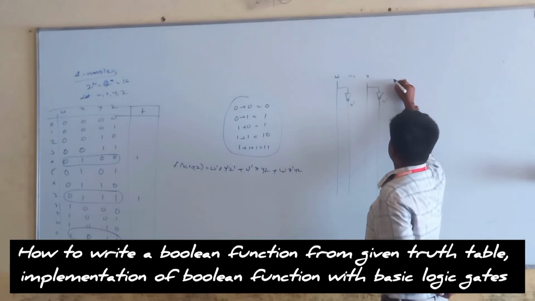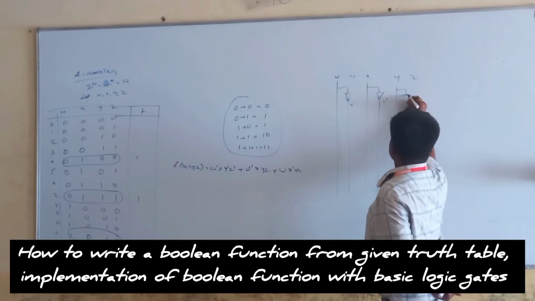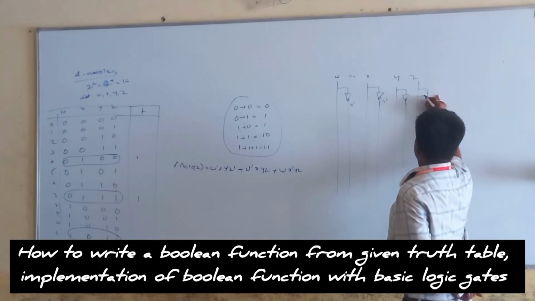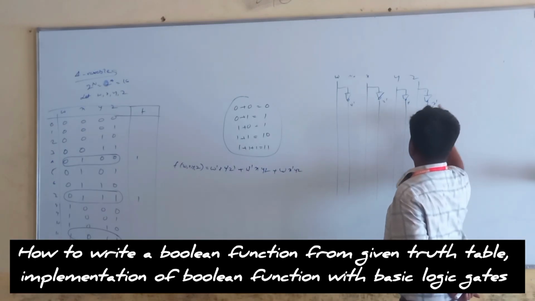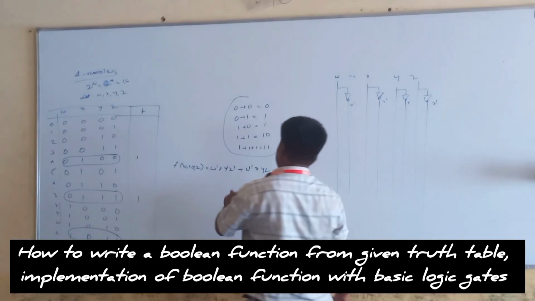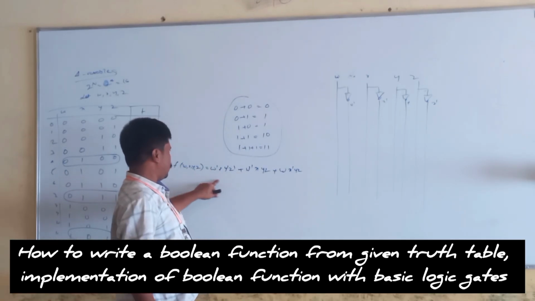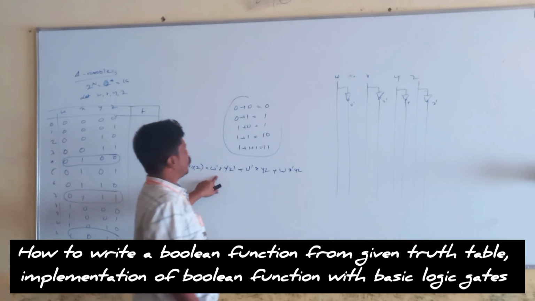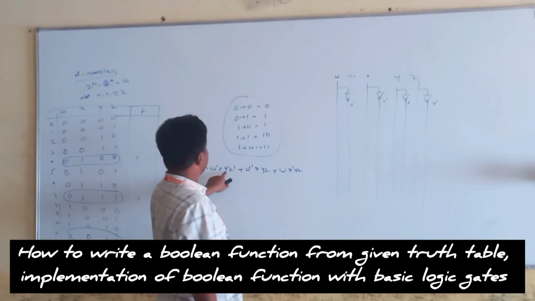Similarly, we can design the remaining variables with their complement forms also: this is y dash, this is z dash. There we need 3 AND gates because of the 3 product terms. How to write w dash x y dash z dash?